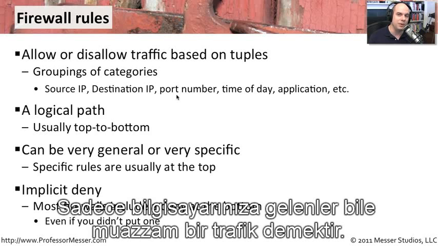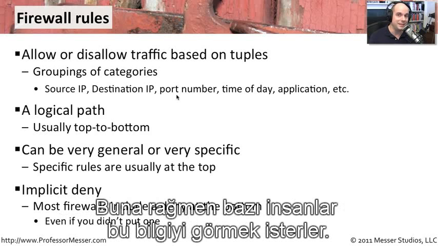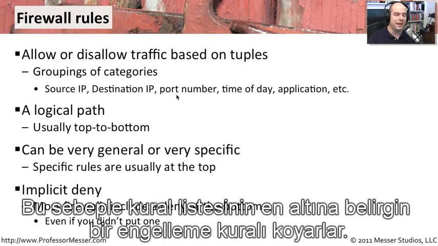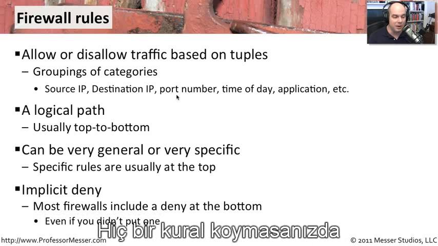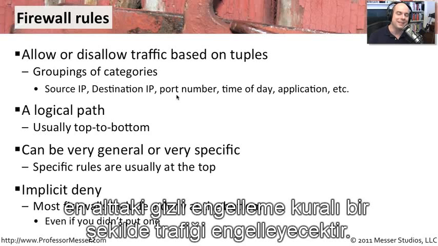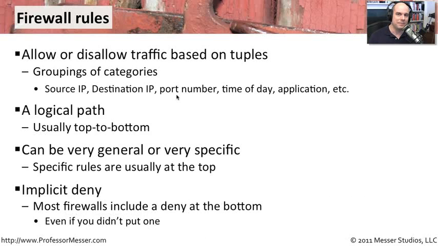It would be an enormous amount of traffic. Some people, however, would like to see that information, so they may put an explicit deny down at the bottom of their rule base just so they can capture and log some of that information coming by. If you don't put a rule, then it's probably the case that your firewall has an implicit deny and it's going to drop all that traffic anyway.